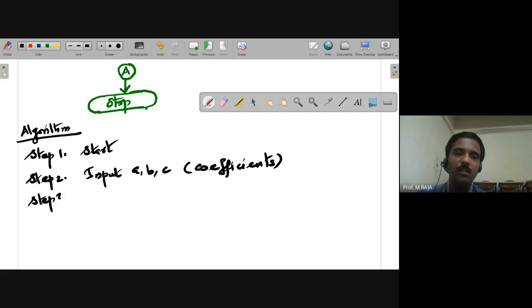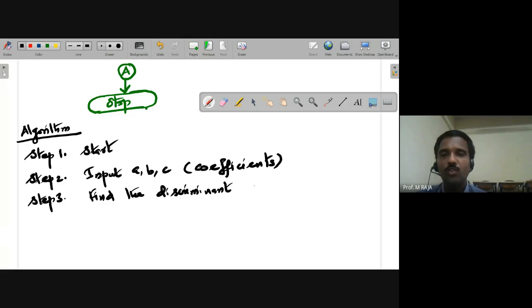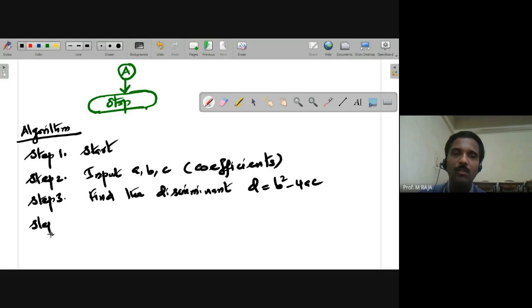Step 3: find the discriminant. The discriminant is stored in a variable D. D is equal to b square minus 4ac. Step 4: check if D is equal to 0.